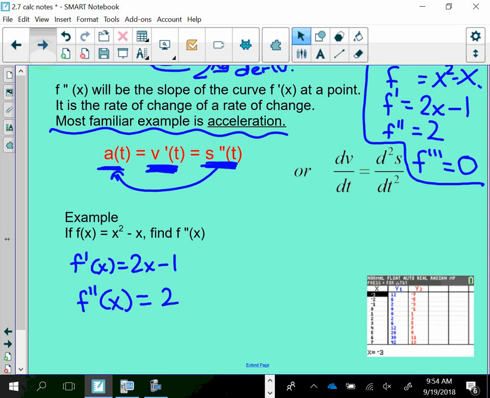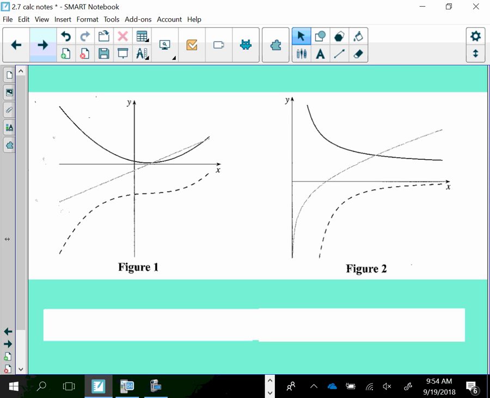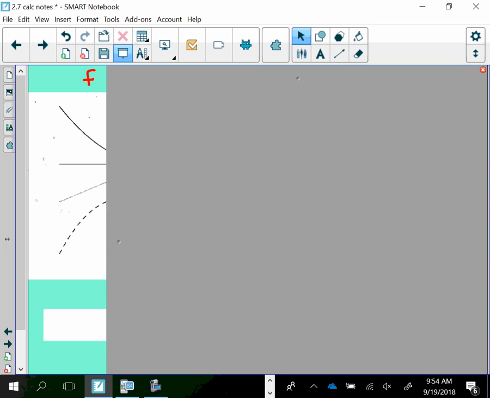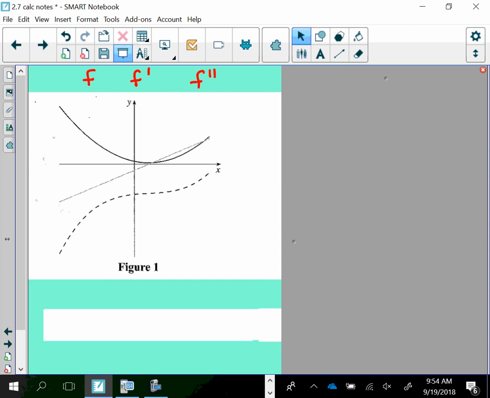Okay. Now, there's one that's F, there's one that's F prime, and there's one that's F double prime. Your job is to figure out which is which. We're going to do the first one together, and then we're going to try to find the second one on your own.